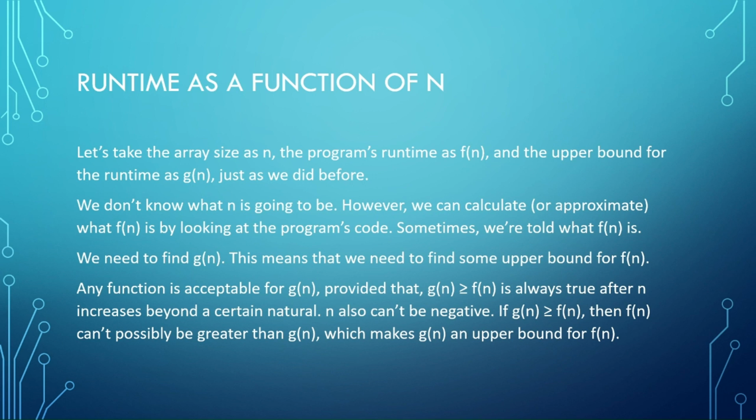So we need g of n to be greater than or equal to f of n. n also can't be negative, because negative lines of code, that's going to be a tricky thing to conceptualize. If g of n is greater than or equal to f of n, then f of n mathematically can't possibly be greater than g of n. So g of n must be an acceptable upper bound because it's, well, greater.